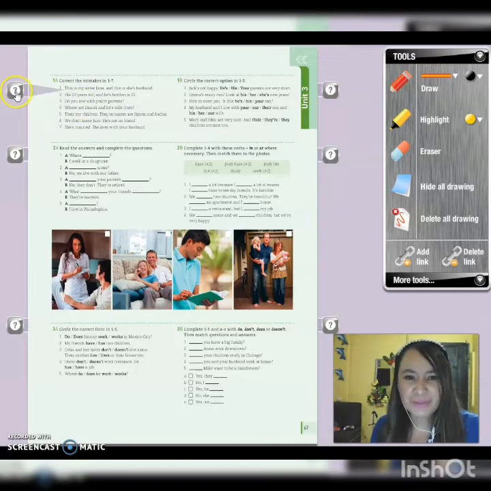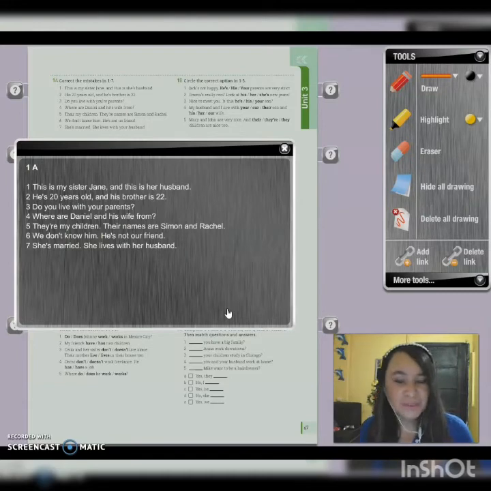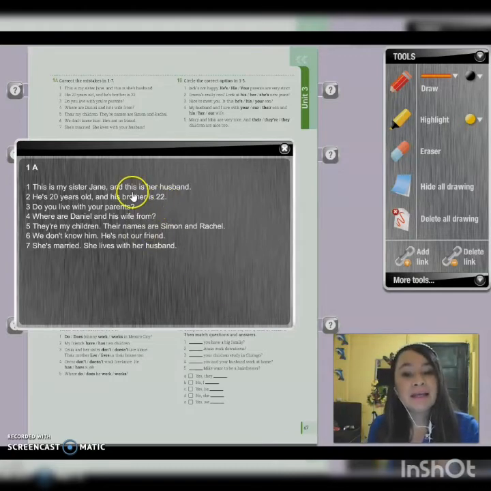And I'm going to show you this. Okay? These are the correct sentences. Esas son las oraciones correctas. Take notes and add the correct possessive adjective. Tomen nota y escriban el possessive adjective correcto a cada oración.